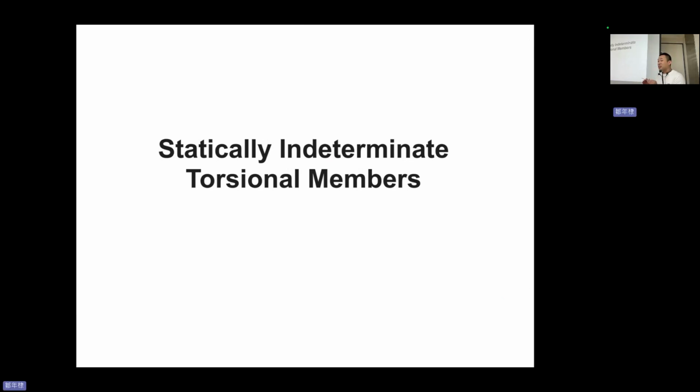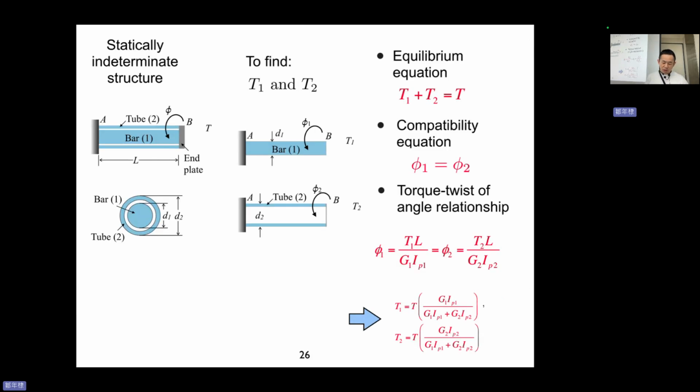Then you will see exactly the same path, really similar to chapter 2: the statically indeterminate torsion member. You can see this is really similar. 静不定, a statically indeterminate structure.